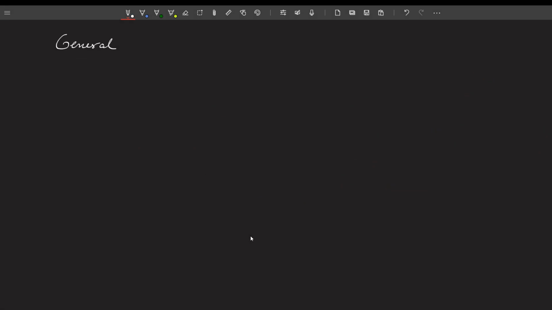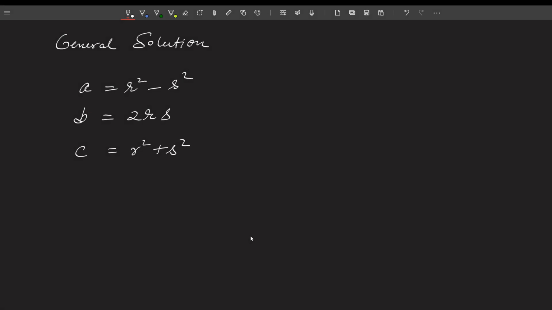Now, let us look at the general solution and understand why this particular method works. So suppose that we have a number a which can be written as r squared minus s squared, and b which can be written as twice rs, and c which can be written as r squared plus s squared. A is the difference of two squares, b is twice rs, and c is the sum of two squares.